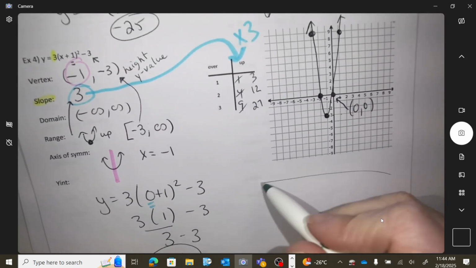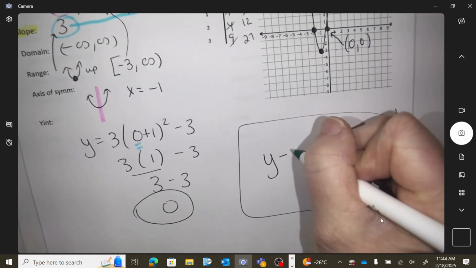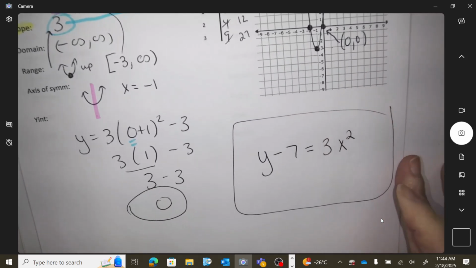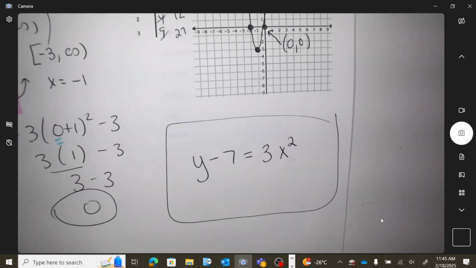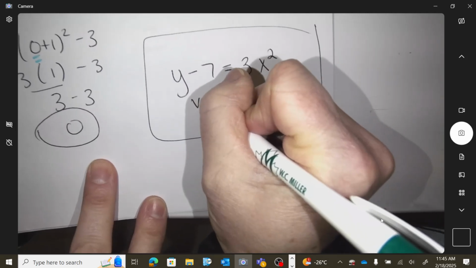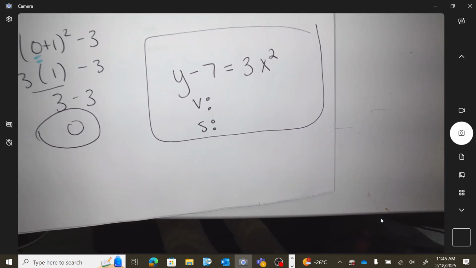Okay, so I'm going to leave you to your homework, but there's one that might trick you. So just super quick, what's the vertex and the slope? Those are the big ideas always. What's the vertex? What's the slope?